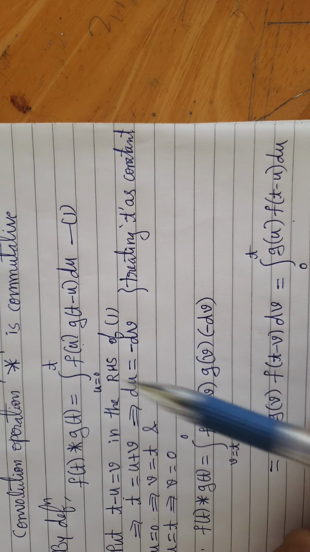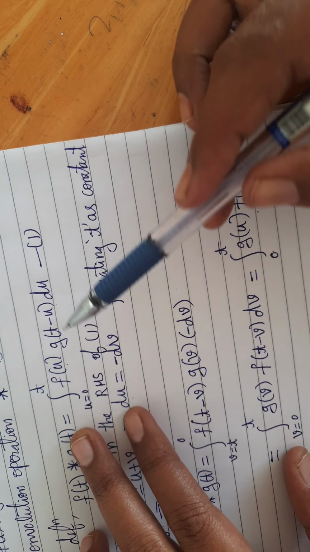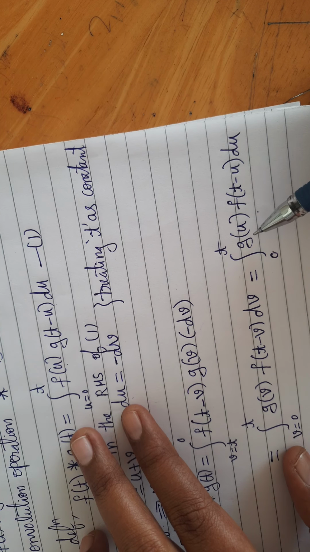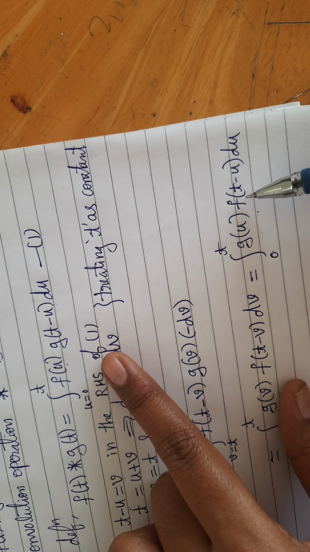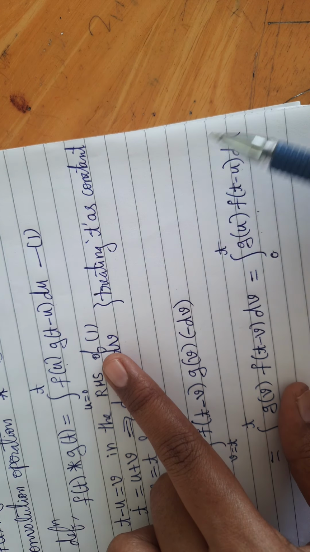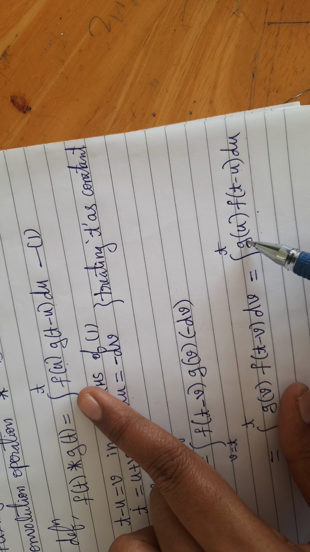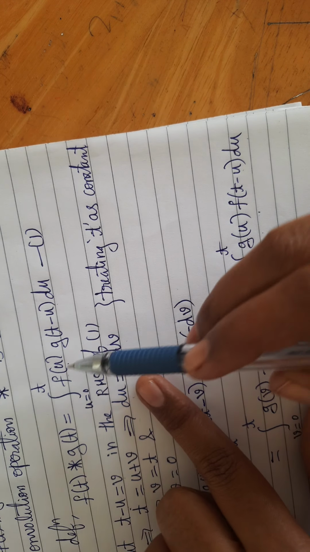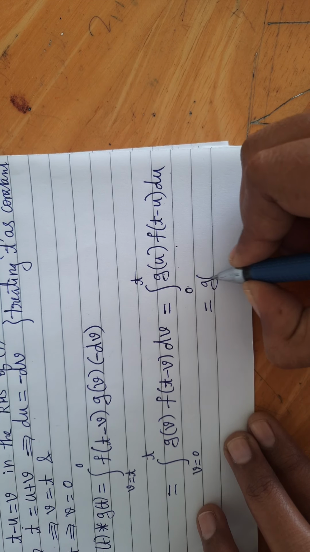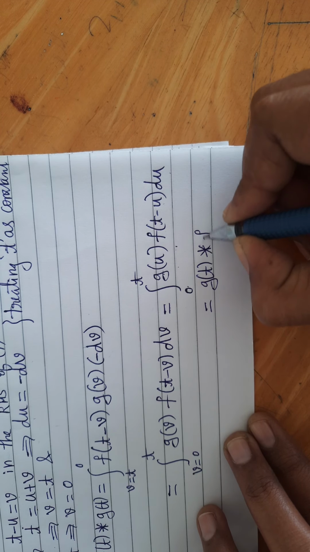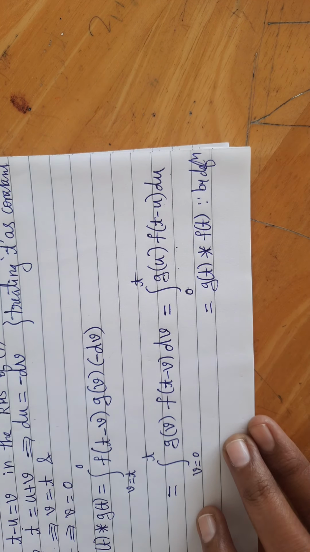Because it is a definite integral, we can change the variable. And in equation 1, check what you have. Here 0 to t is there, here also 0 to t. Here f of u is there; in place of f of u, we have g of u. In place of g of t minus u, we have f of t minus u. And with respect to the same variable, we have integration. That is, in place of f, g is there; in place of g, f. So this is f of t star g of t, which can be written as g of t star f of t, by definition.